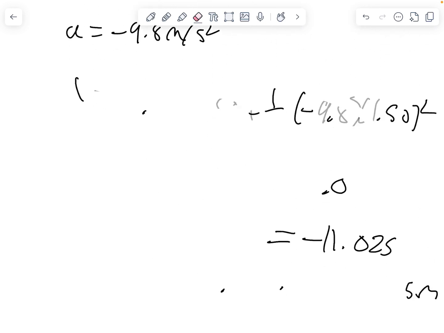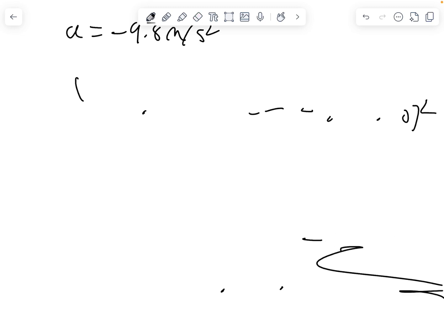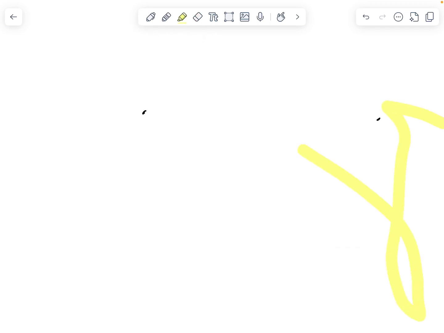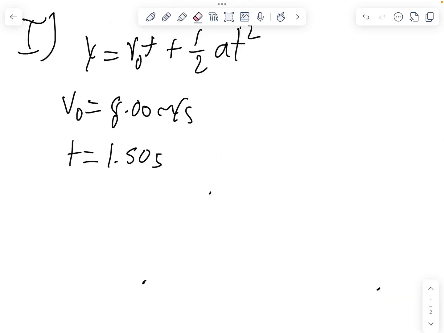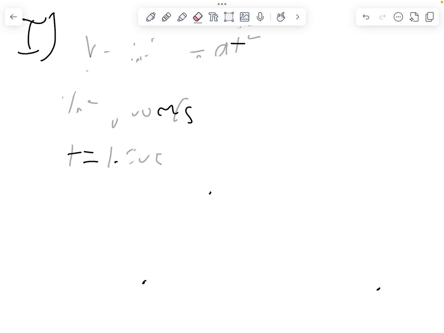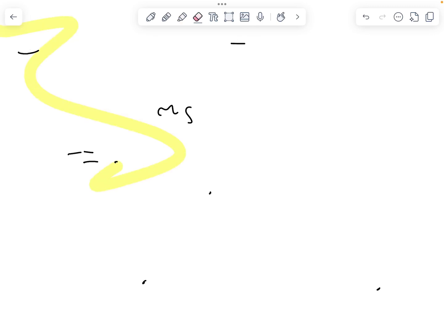So for the next one, part J, it's going to be asking you to find the y component of the stone's velocity after 1.5 seconds, like after it leaves your hand for 1.5 seconds. So with that, we're going to just use the velocity equation now.